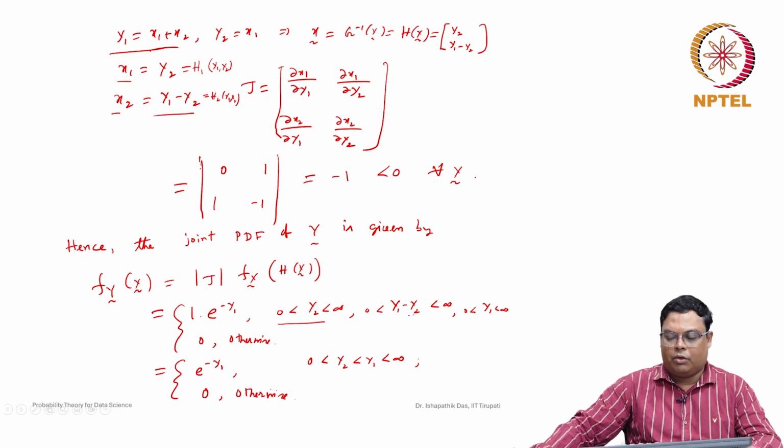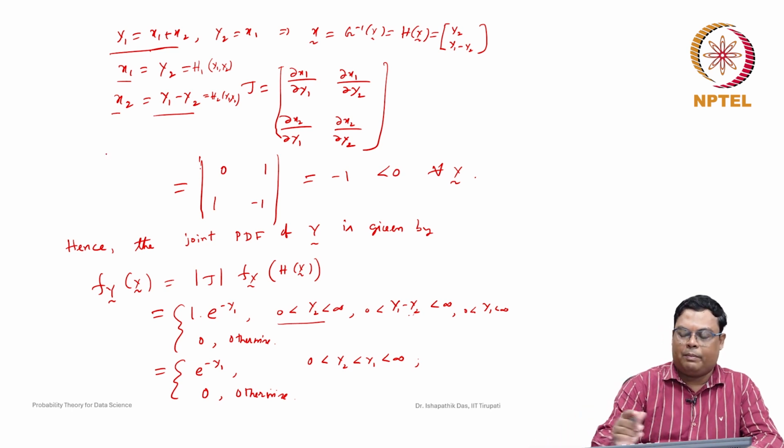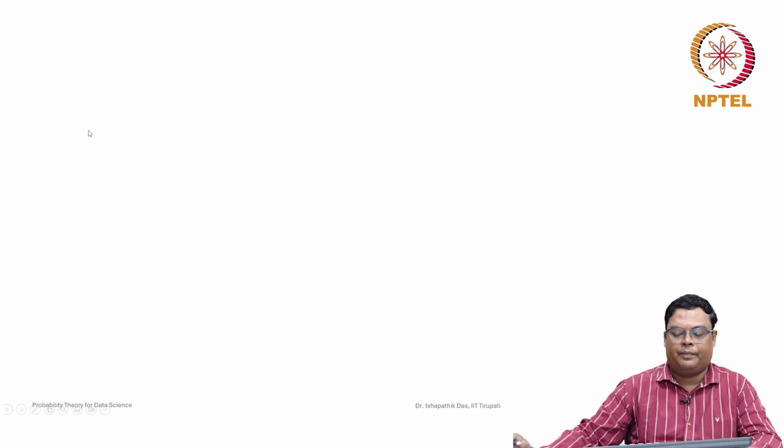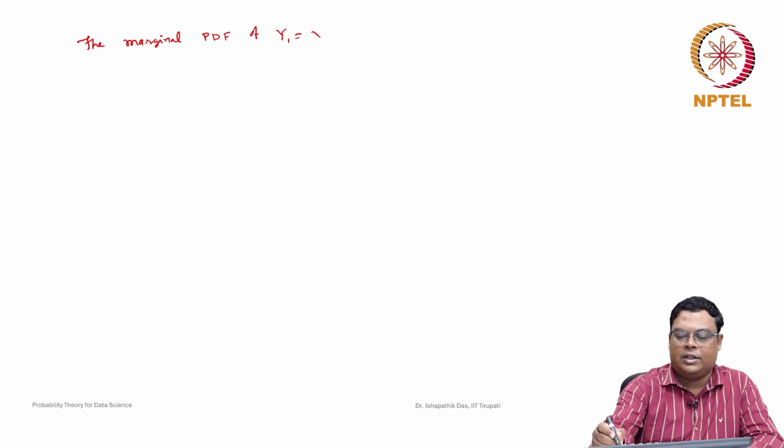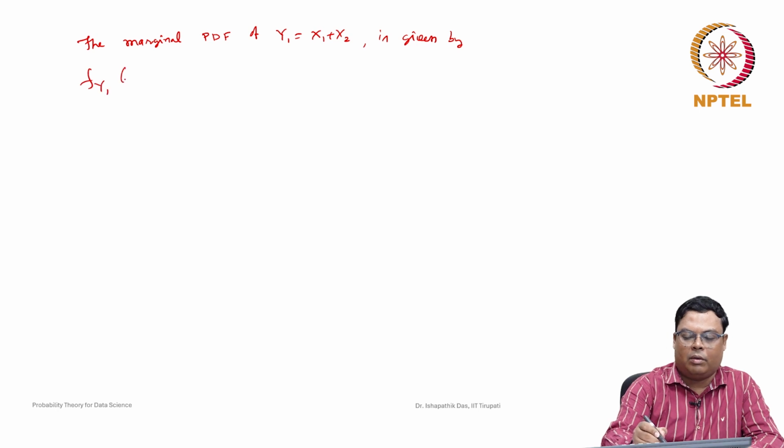Now the question is how to find it. We found the joint probability density function of y1, y2. Now we are interested in the marginal probability density function of y1, which is x1 plus x2, given by f of y1 of y1.